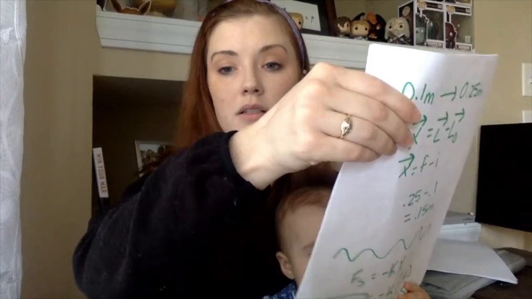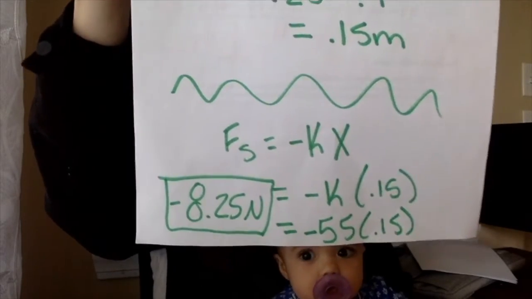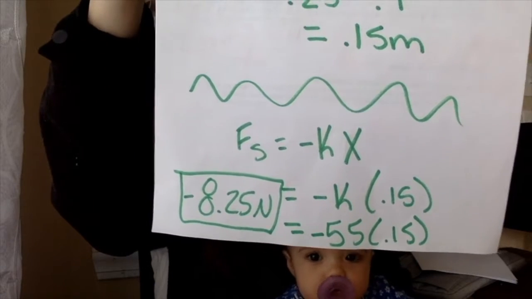K is standing for our spring constant in this problem. So look at the back of the problem, what is our spring constant equal to? It's equal to 55. So it will be negative 55 times 0.15. And you will get, as your final answer, negative 8.25 newtons.